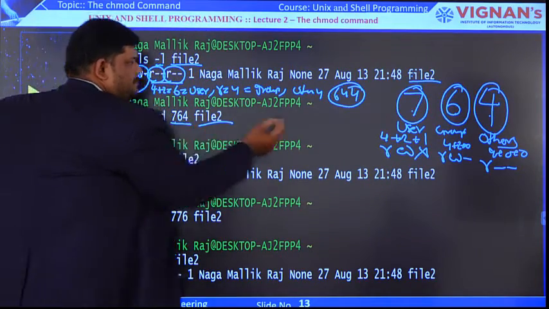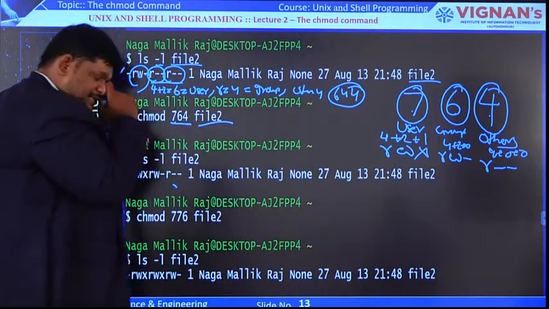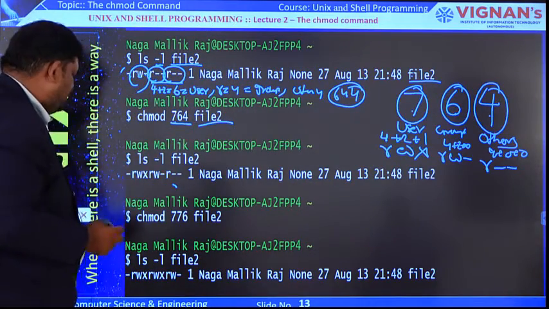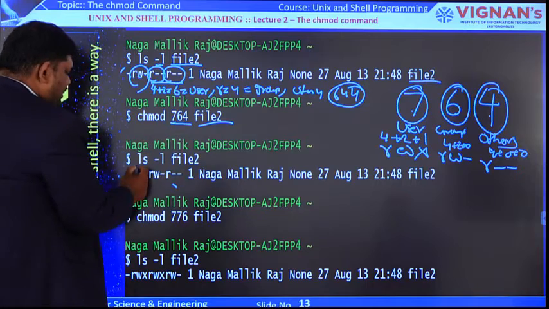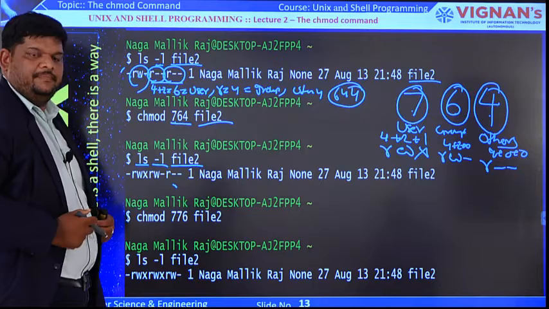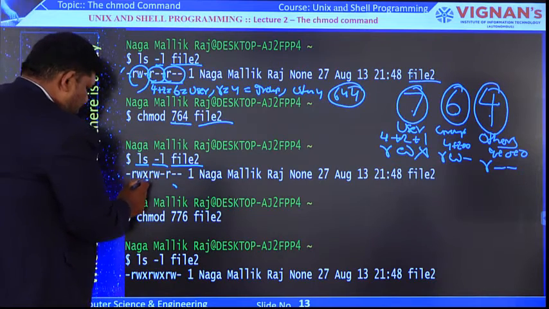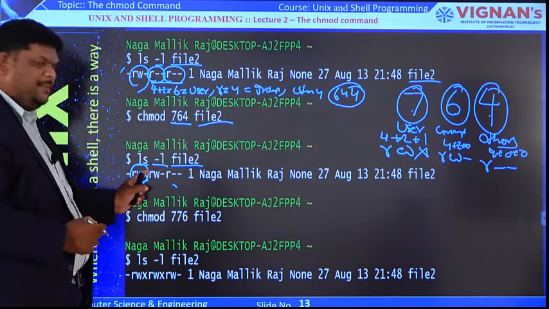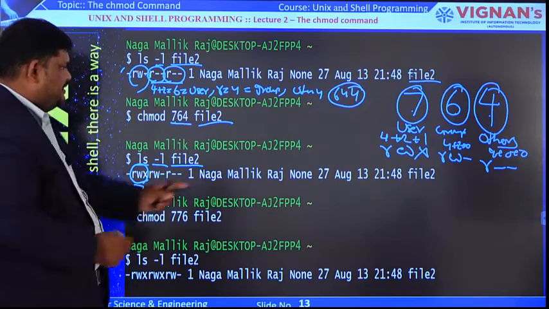So 764 meaning is this one. Now let us check whether the permissions are affected or not. Now again I am checking the ls command, option L, and the file name is file 2. So let us check here. Now user having rwx, that means 7.